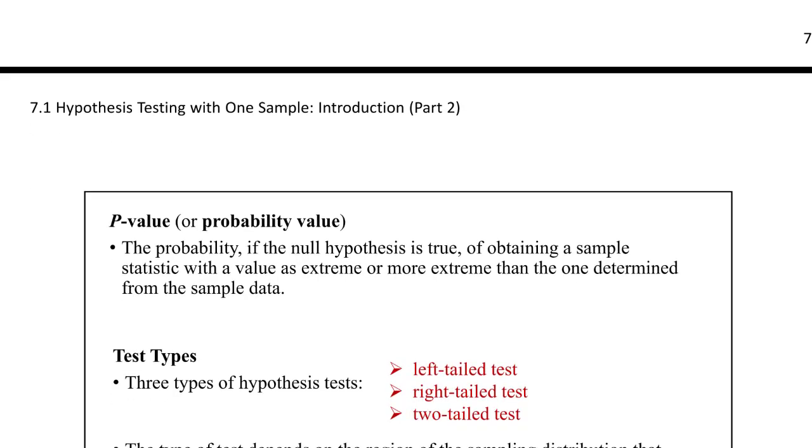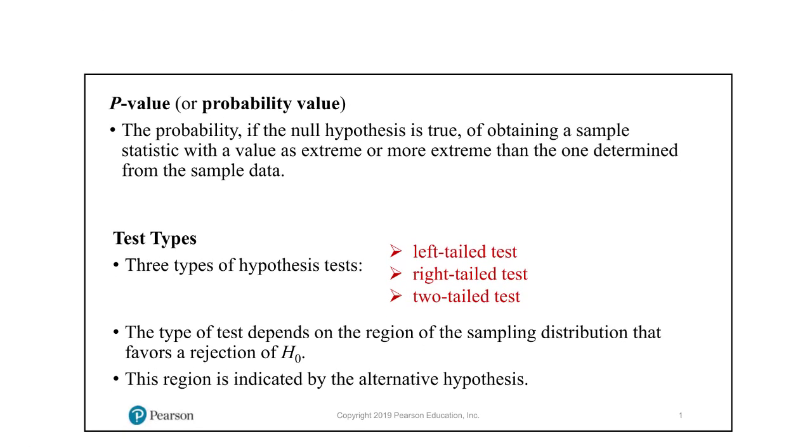Okay, so more about how this gets carried out. When I say that we're going to use the z value or the t value to test the hypothesis, what are we saying? Well, we're going to use that to determine a p-value, standing for probability value.